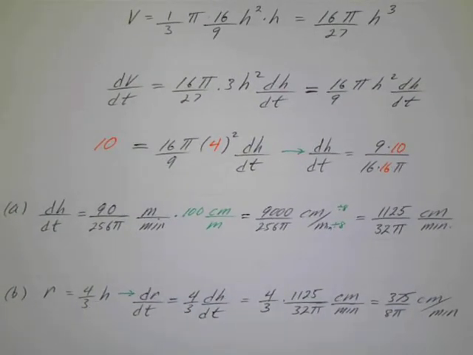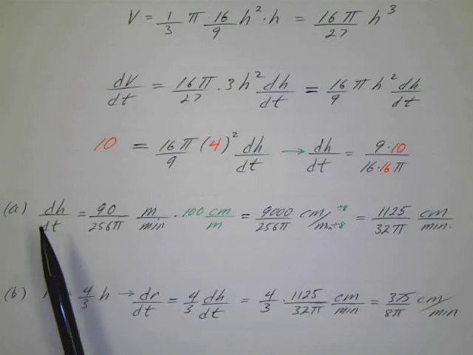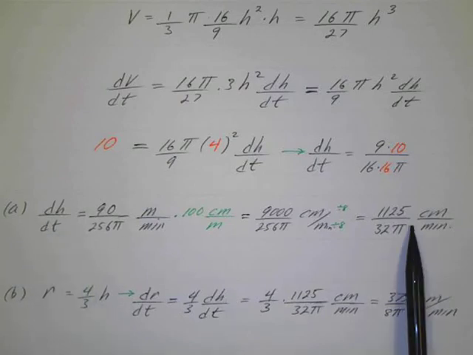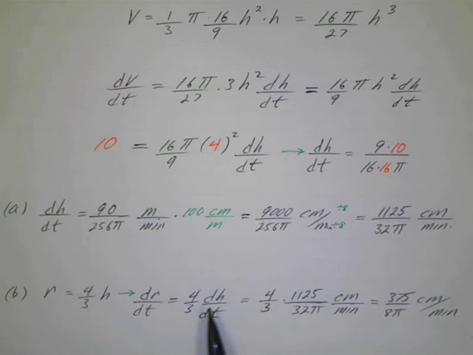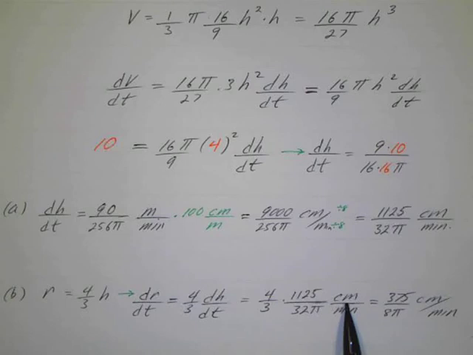If I take the derivative of both sides, I get dr/dt equals 4/3 dh/dt. Well, I already know what dh/dt is right up here. So I have 4/3 times 1125 over 32 pi centimeters per minute.